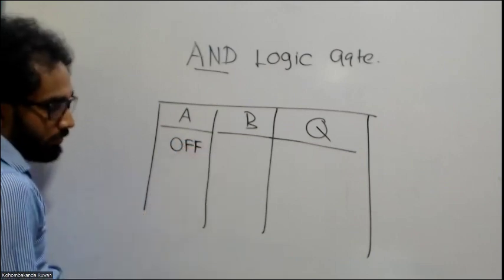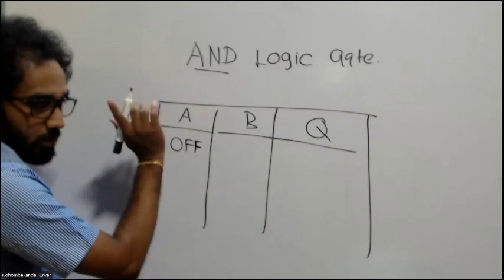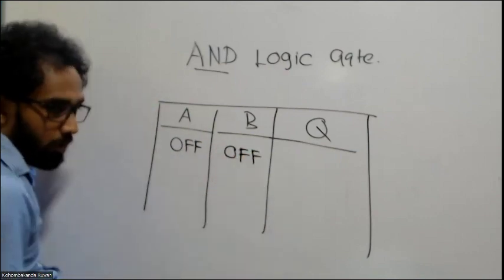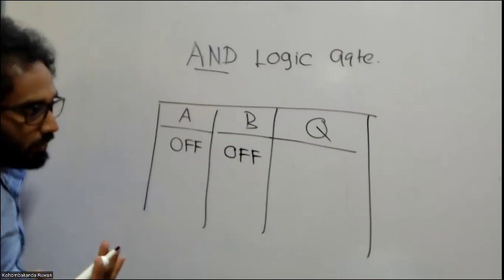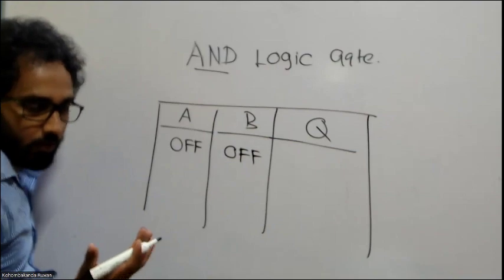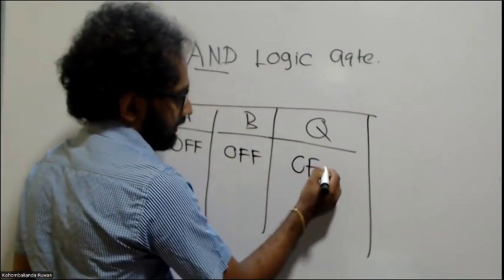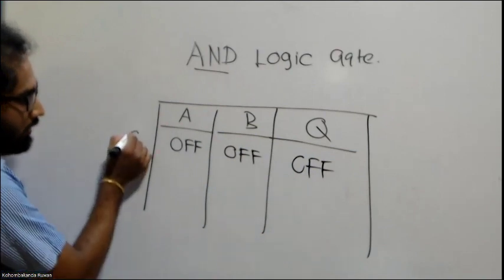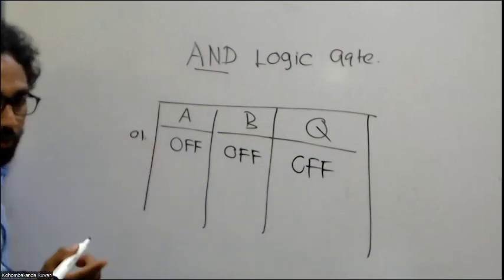Now assume that switch B is also off. Zero. What is the output? Zero. Switch on or off? Off. This is one scenario.